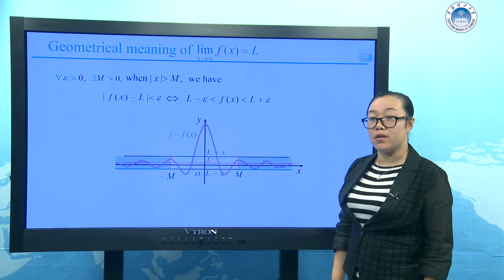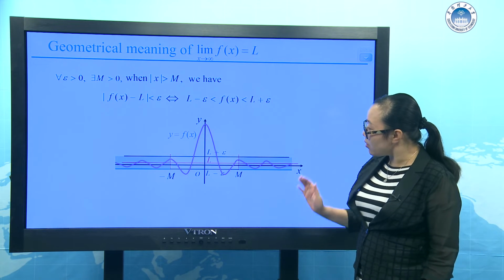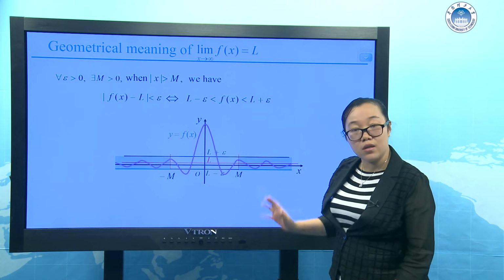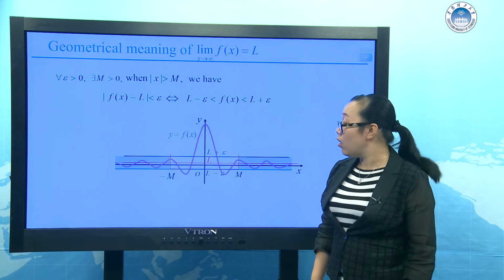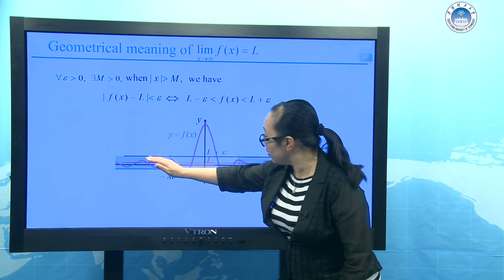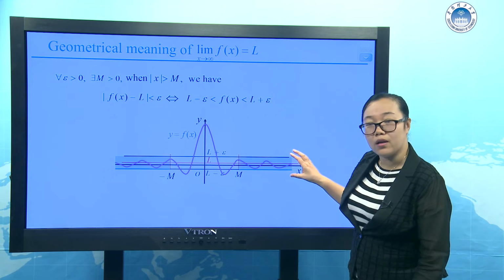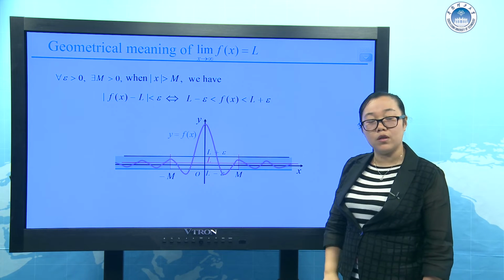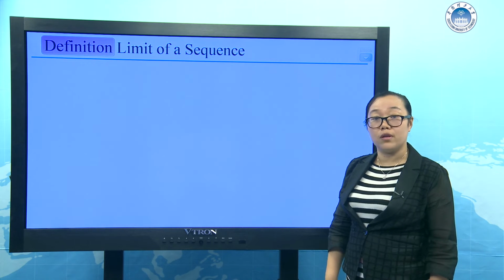What is changeable? Yes, x. This means x in the two open intervals is changeable. At this time, all the pink values lie in the corresponding interval, between this interval. So try to understand this figure.